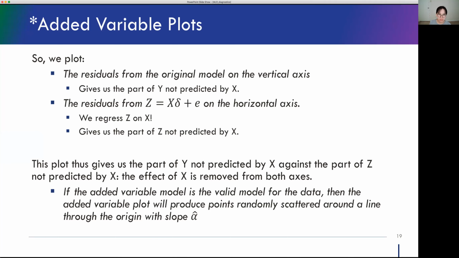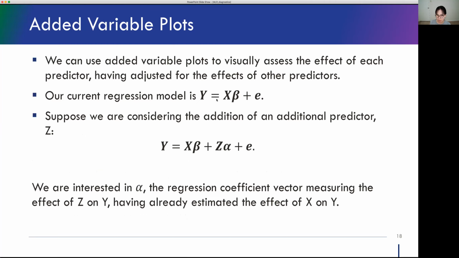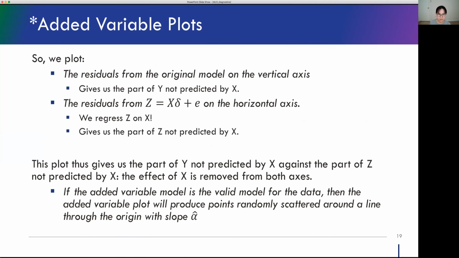So how do we do these added variable plots? Well, we will plot the residual from the original model on the vertical axis. The original model is this one. So we plot the residual from this one on the y-axis, and the residual from this model on the horizontal axis.